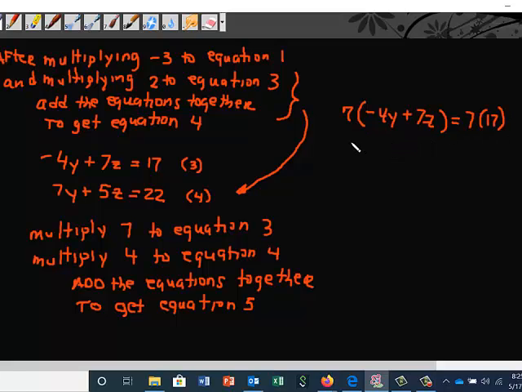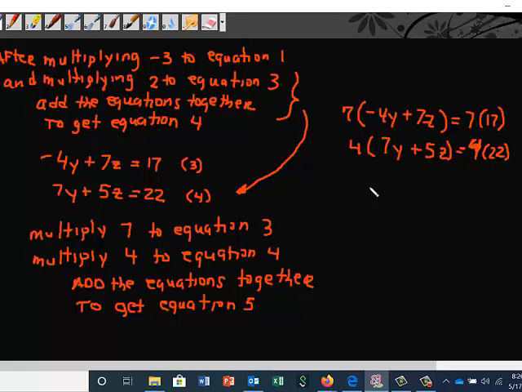Then we have 4 times 7y plus 5z is equal to 4 times 22.